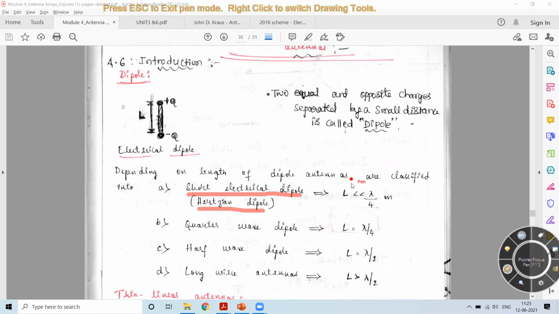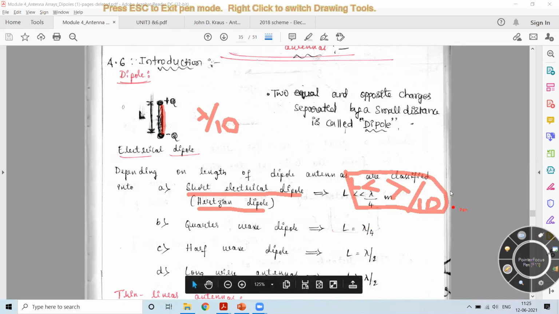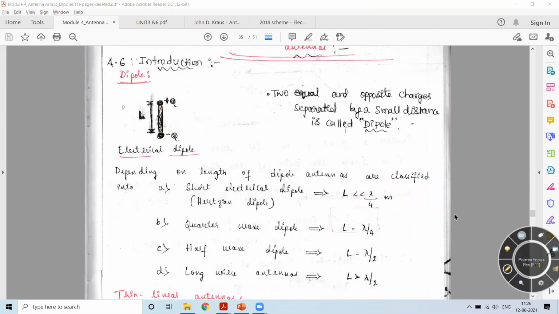When the condition L is less than lambda by 10 is satisfied. If the length of the dipole is less than lambda by 10, we classify it as a short dipole. If this condition fails, we do not classify it as a short dipole.